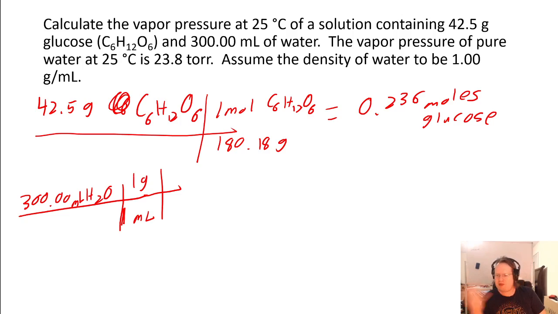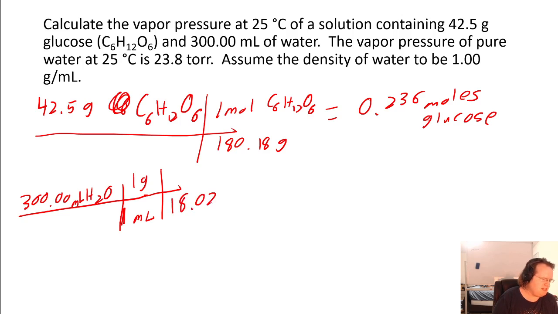You might work with ethanol or something, which doesn't have that same density, so then you'll have to actually show the math of the conversion. You can't just go, oh, the gram and the milliliter are the same. So you'd have to do this conversion step first. Then I need to use the molar mass. For every 18.02 grams of water, I get 1 mole of water. When I do this calculation, I'm going to get that this is 16.65 moles of water.